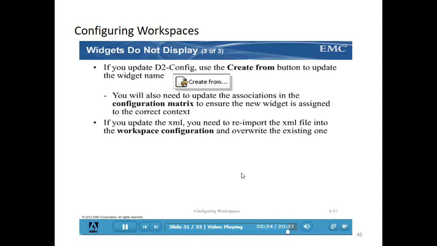In workspace XML, you are defining the mapping of the widget, right? So the widget is just a structure only. Where the content comes from is the repository. How does the content come? Obviously from the defined context in the configuration matrix. So whatever widgets you designed are mapped to the workspace, and whatever widgets you created have to be mapped with context with the help of the configuration matrix.